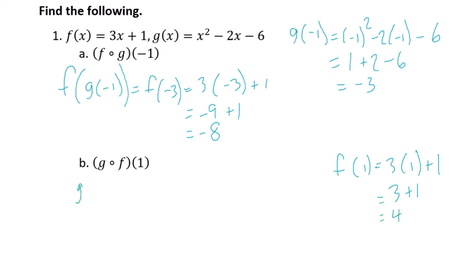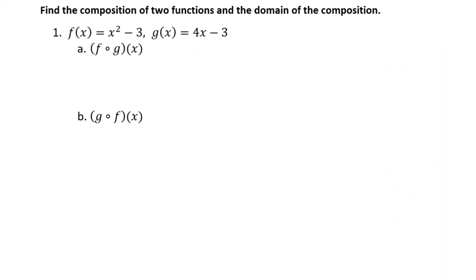So then g, plugging in now f of 1, which is now 4, will give us 4 squared minus 2 times 4 minus 6. So that is 16 minus 8 minus 6. 16 minus 8 is 8. 8 minus 6 is 2. All right, let's go ahead and look at the next example.